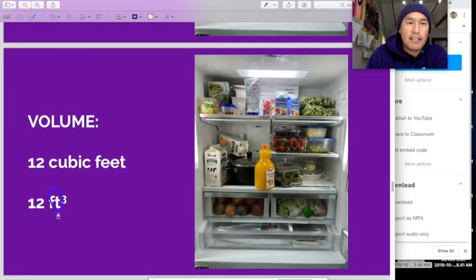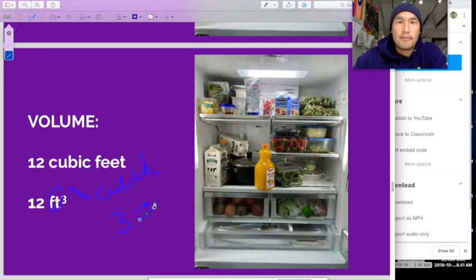The FT is short for feet. And then this little 3 right there, that means cubed.